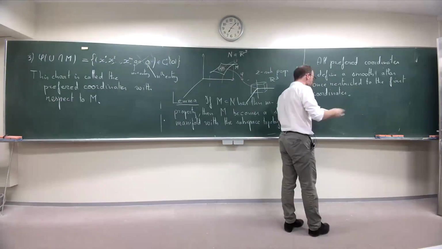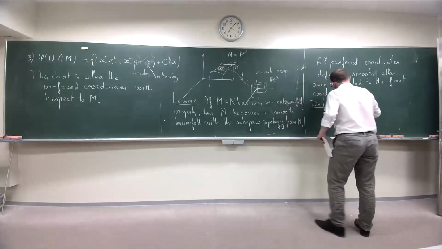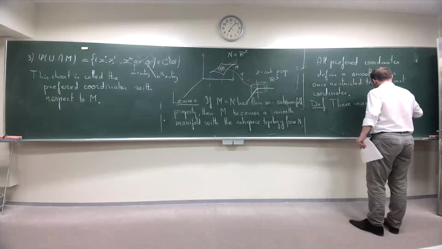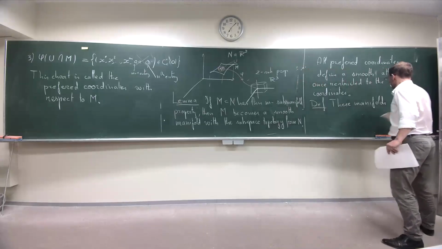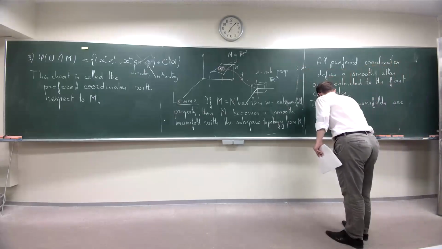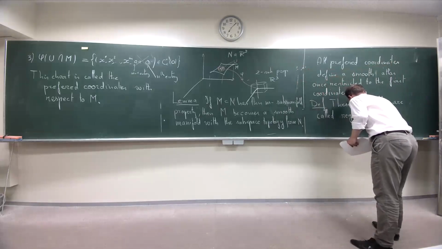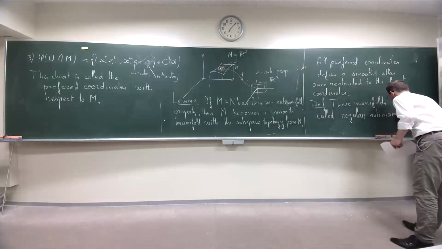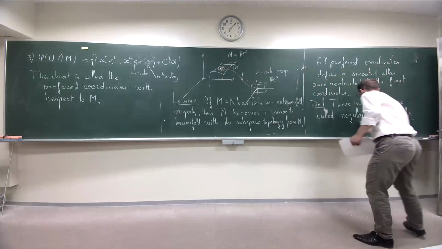Okay, and such manifolds have a name. So these manifolds, when you obtain them like this, are called regular submanifolds.